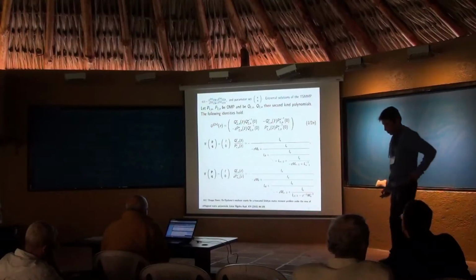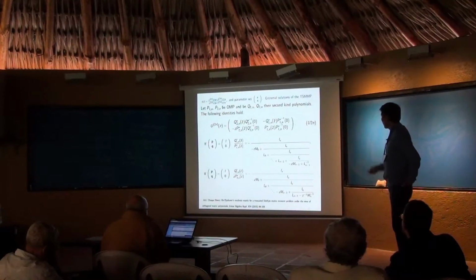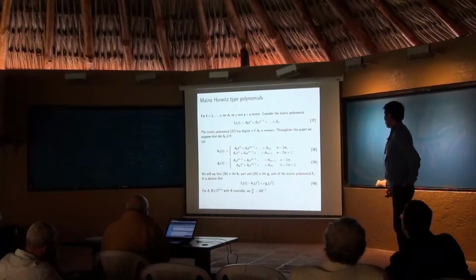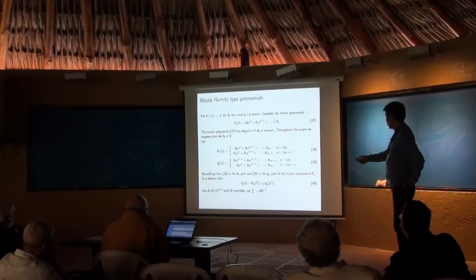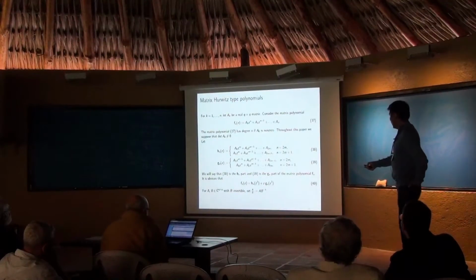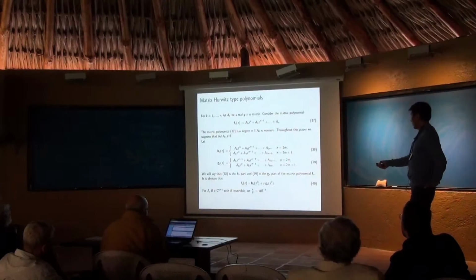Now we are talking about Hurwitz type polynomials. If one omits the matrix, then there will just be the Hurwitz polynomial. So again, this F is a Q times Q matrix.